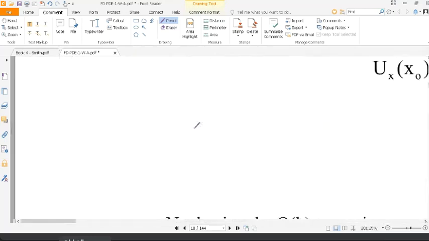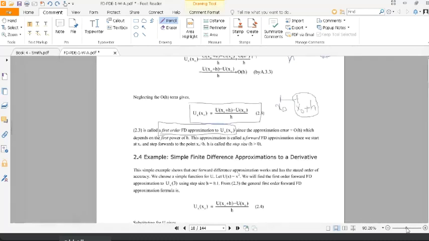Because we want to approximate the first derivative of u at x0, but you should use u at the next point. x0 plus h is the next point after x0.